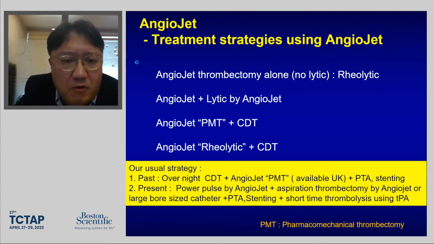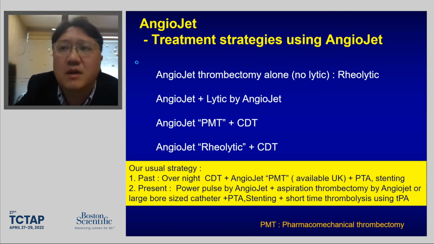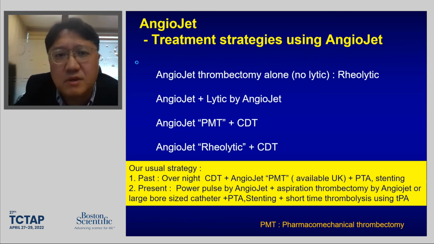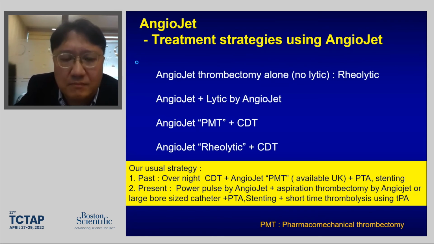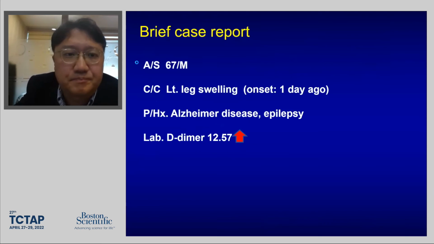Therefore, I use power pulse mode and aspiration thrombectomy by AngioJet, and some remaining regions are treated with a large bore catheter and PTA stenting. Some remaining regions are treated with short time thrombolysis using tPA.